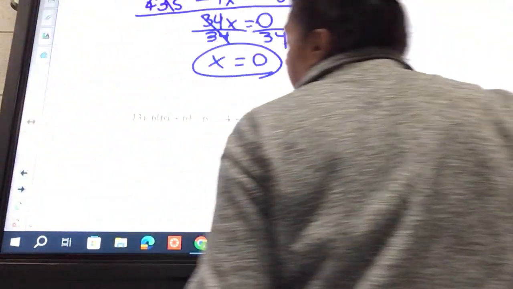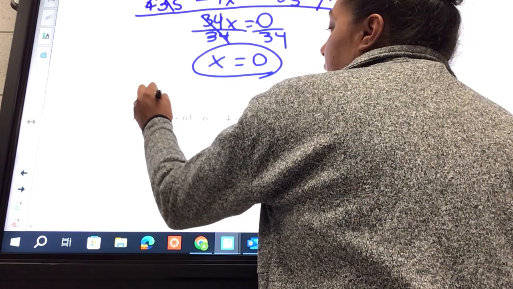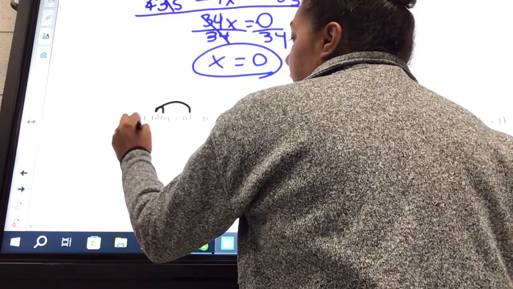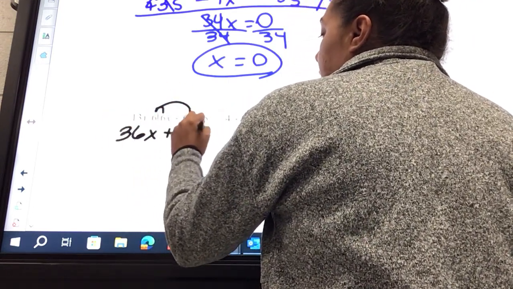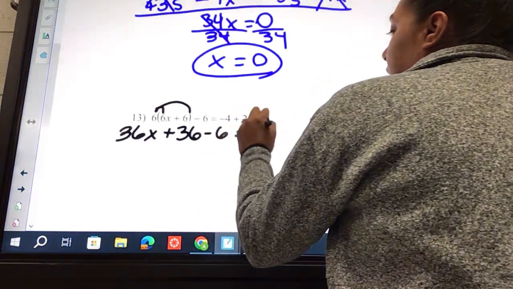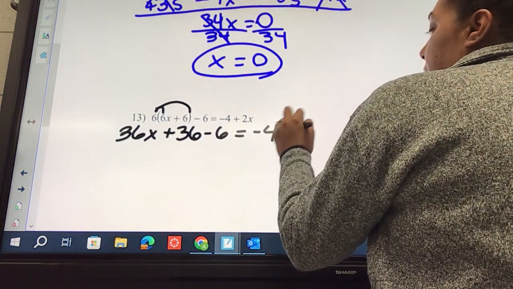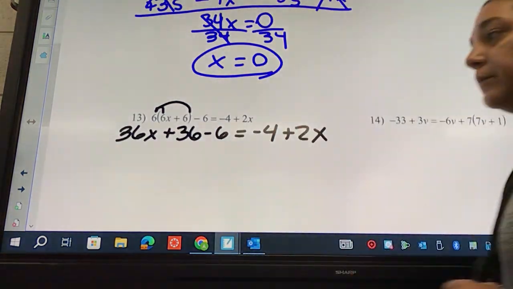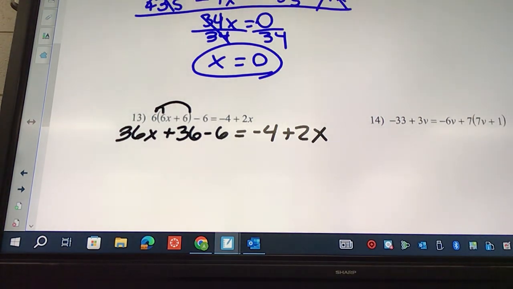Okay, 13. We're going to start off with distributing. We're going to get 36x plus 36 minus 6 equals negative 4 plus 2x. What would our next step be?